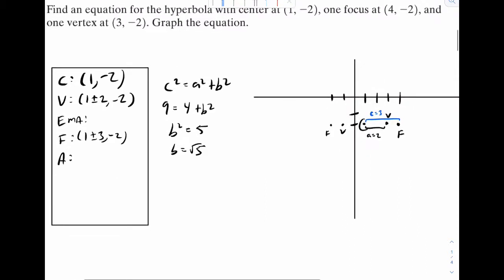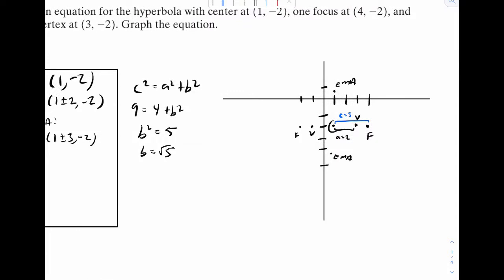Root of 5 is a little more than 2, so 1, 2, and a little past that, so maybe like right here is our co-vertex. 1, 2, and let's make our box. The box should go from your co-vertex to your vertex.